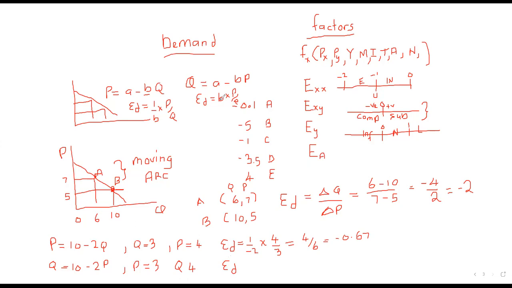We're using formula number 2 here. So our B is negative 2, so directly we put negative 2 times our price, 3, over our quantity, 4. So this will be negative 6 over 4, which is negative 1.5. So in this case, demand will be what? Elastic. Demand is elastic.